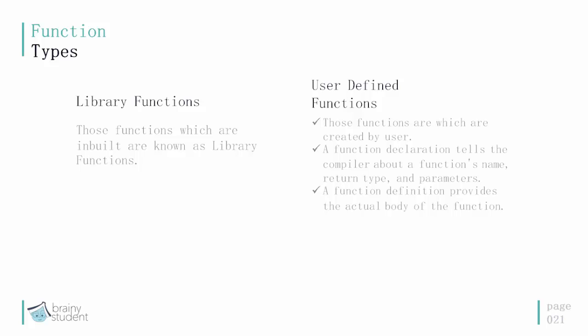For example, if we want any string function such as strlen, strcpy or strcmp, then we have to include the string.h header file. User defined functions are those functions whose definition is written by the user itself, and it can be called in main function or any other user defined function also.